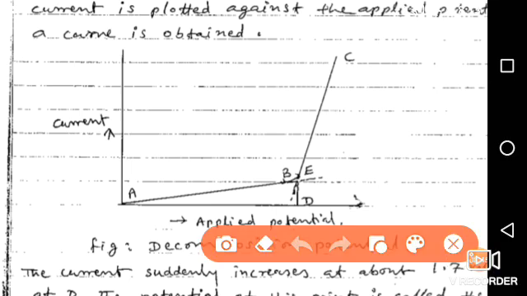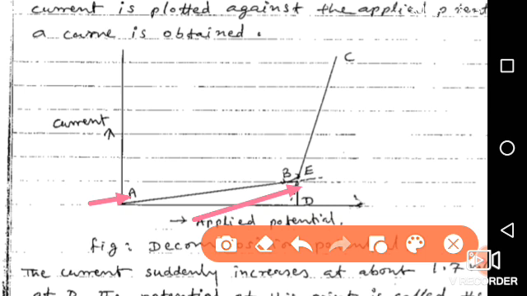At the initial stage we take the solution of H2SO4 and immerse the platinum electrodes, and we apply an initial potential of 0.5 volt. Then a gradual increase in the potential takes place.